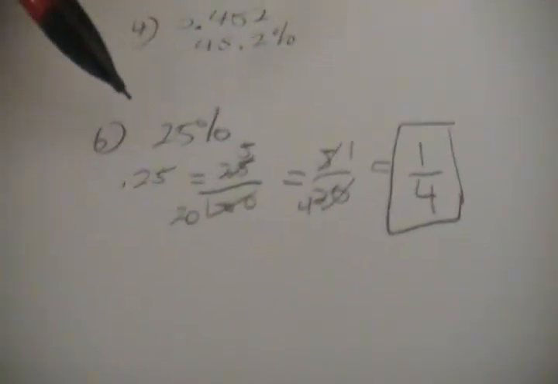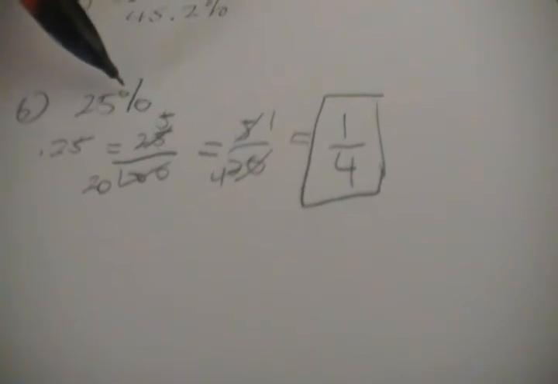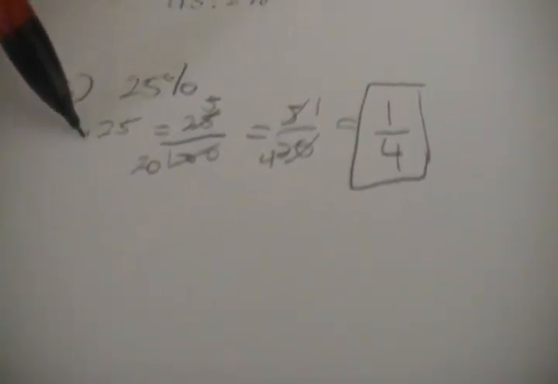Now we can further simplify. 5 over 20, 5 goes into 20, well, 5 times. So 5 becomes 1, 20 becomes 4. So the final answer is 1 over 4. So the process of converting percentages into fractions is first convert it into a decimal, and from the decimal into a fraction.